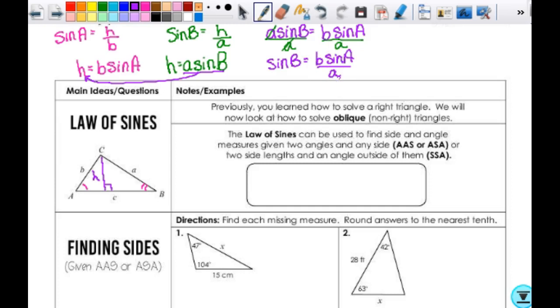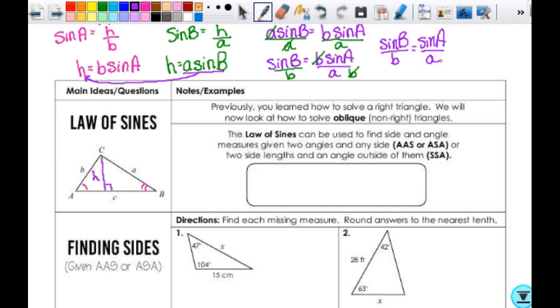But I would like to get rid of b on the right-hand side, so now I'm going to divide both sides by b, and those cancel out. So what I have now is that the sine of angle B over the length of b equals the sine of angle A over the length of a.